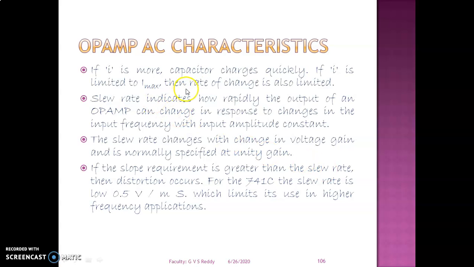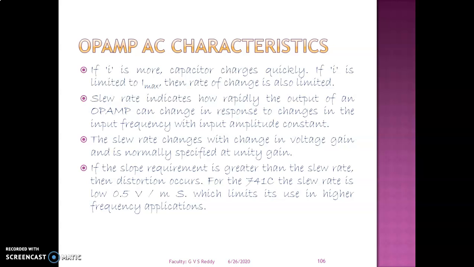Within this, if I is more, the capacitor charges quickly. If I is limited to I maximum, then the rate of change is also limited. Slew rate indicates how rapidly the output of an operational amplifier can change in response to changes in the input frequency with input amplitude constant.